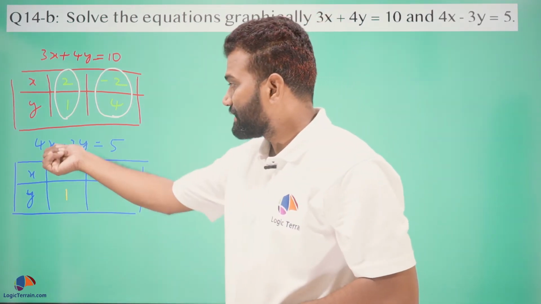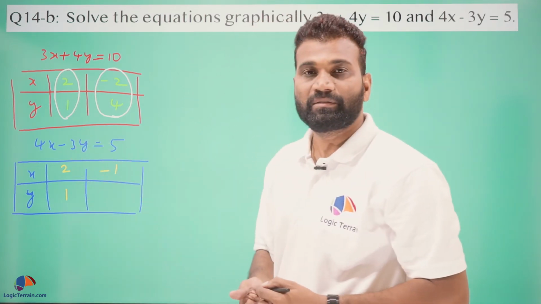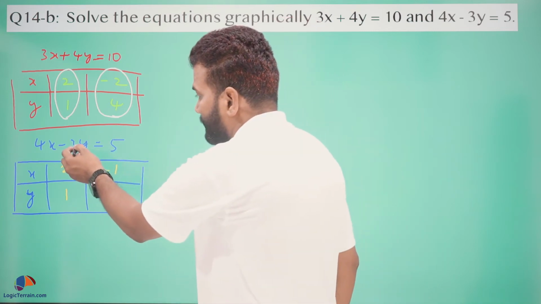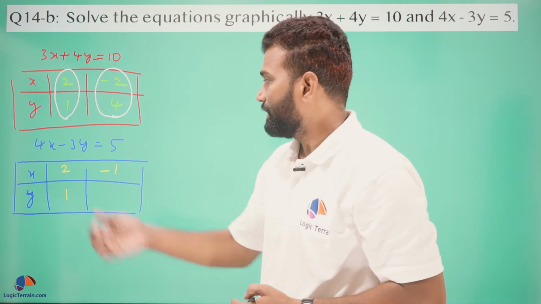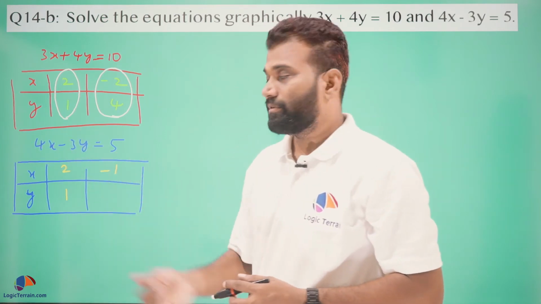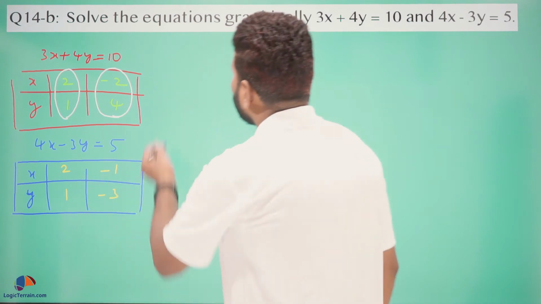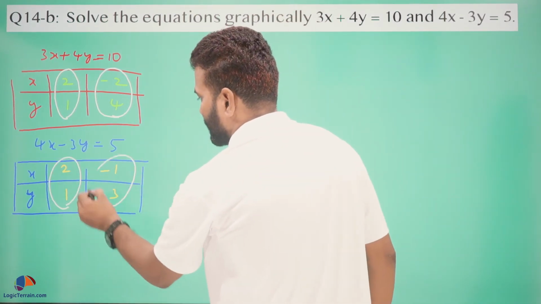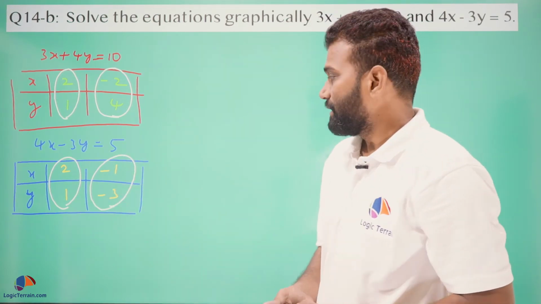Let x equal negative 1, then what must the y value be? It should be positive, so let us take y equal negative 3. Negative 3 into negative 3 is positive 9, and positive 9 and negative 4 gives 5, so the y value is negative 3. So here the ordered pairs are 2 comma 1 and another point negative 1 comma negative 3.